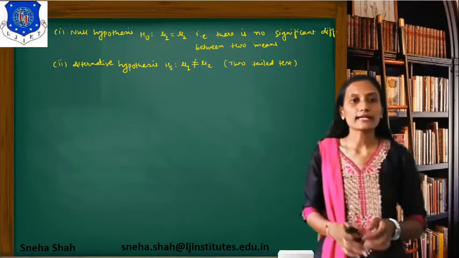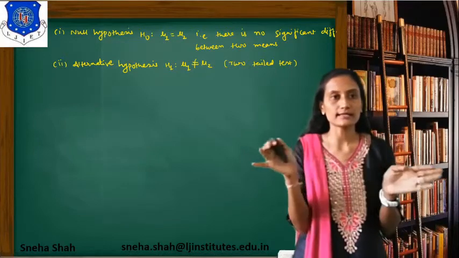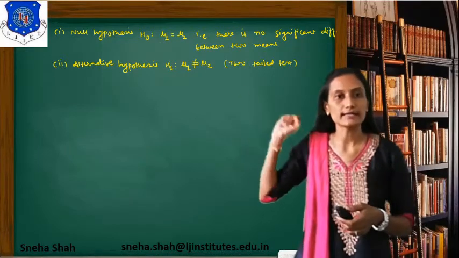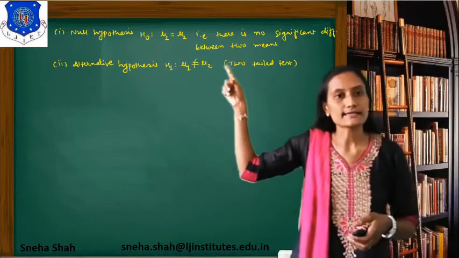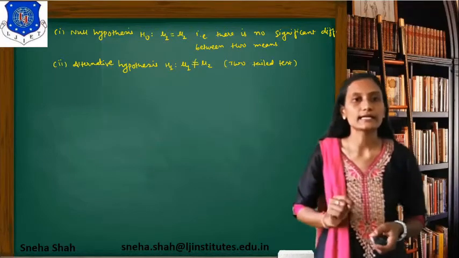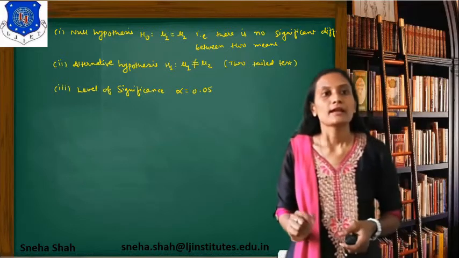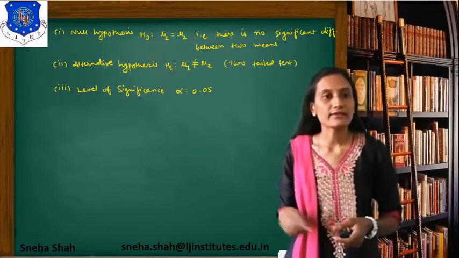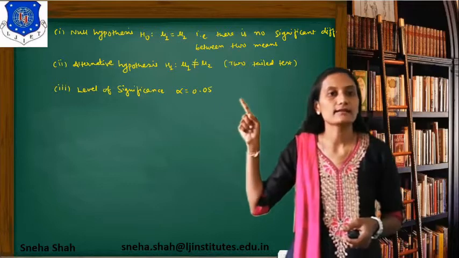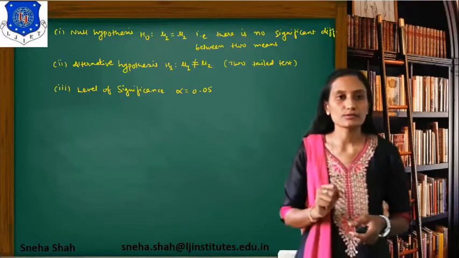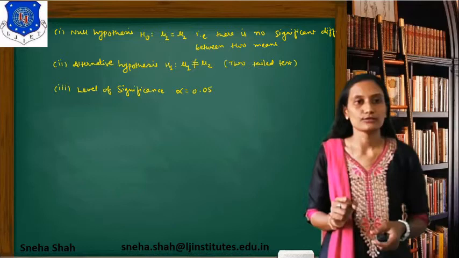Since we are not taking a particular direction, other than this means it is considered a two-tailed test, right? We take the 5% level of significance, so alpha equals 0.05.